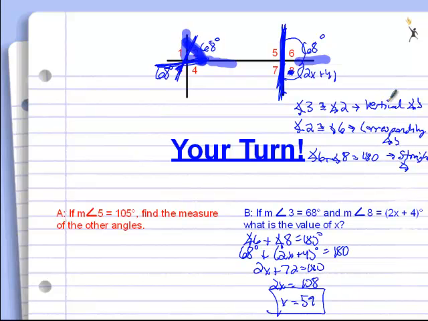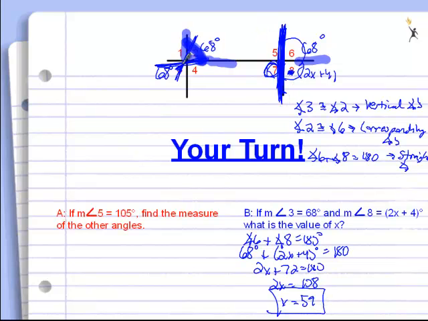I used vertical angles to find angle 2, corresponding angles to find angle 6. Then I used the angle addition postulate, or the definition of a straight angle, to say that 6 plus 8 equals 180. I used substitution to establish an equation, and then I solved it using my algebra. Now you could have done the exact same thing with angle 7.